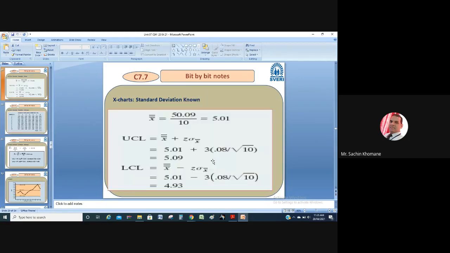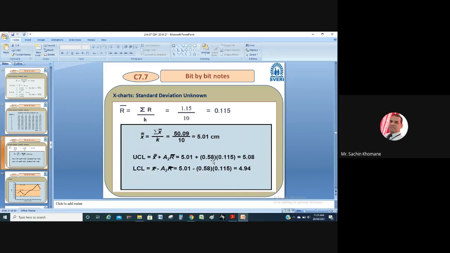Now in the earlier calculation, it was 5.09 and 4.93. So it is almost similar. 5.09 has come as 5.08. So with these two examples you can cross verify. So all up, you got this value.